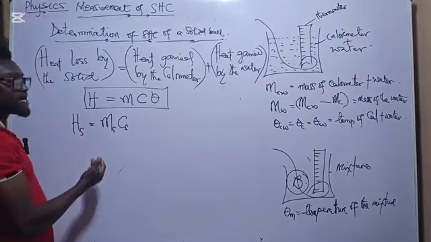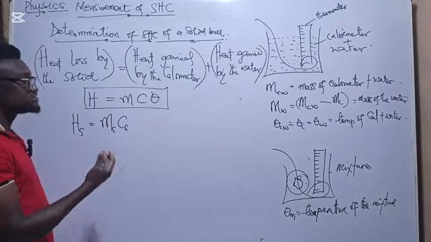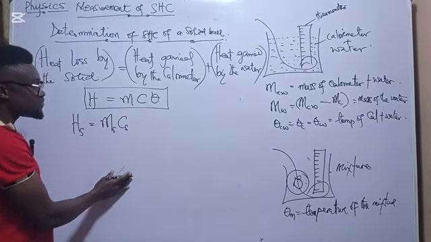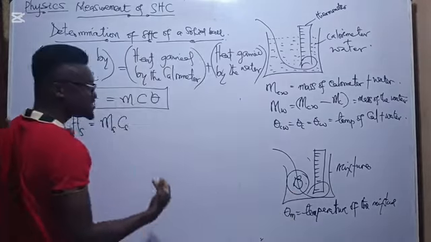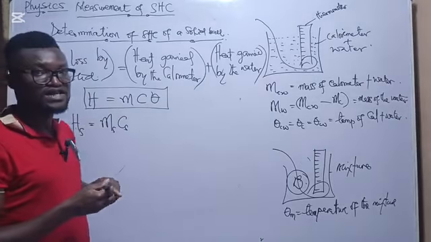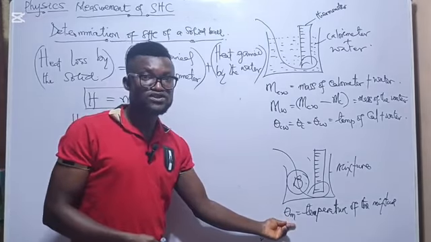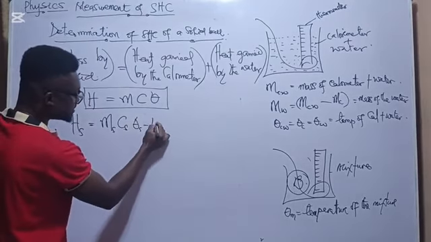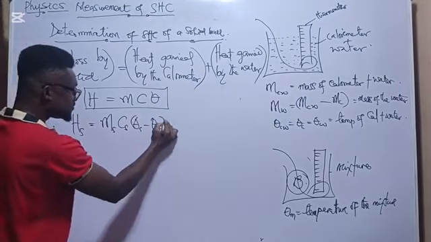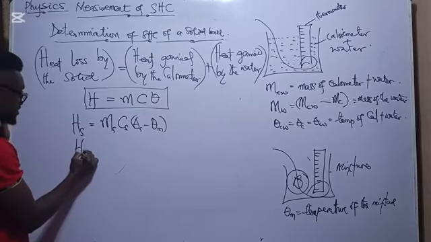Now, you remember, the temperature of the solid initially is theta S, while the final temperature of it is theta M. The temperature of that solid must have decreased from theta S to theta M. So if you want to get the temperature change, it should be what? Theta S minus theta M. So this gives you the temperature change.